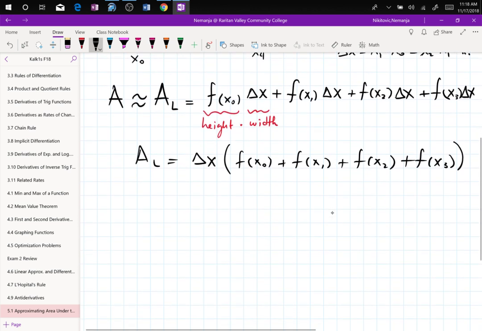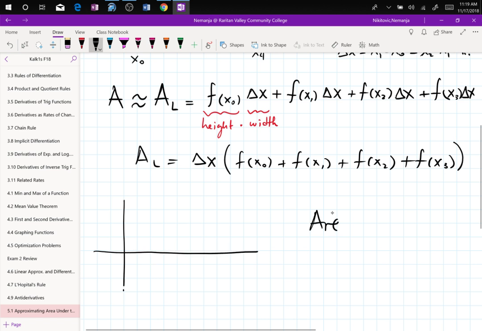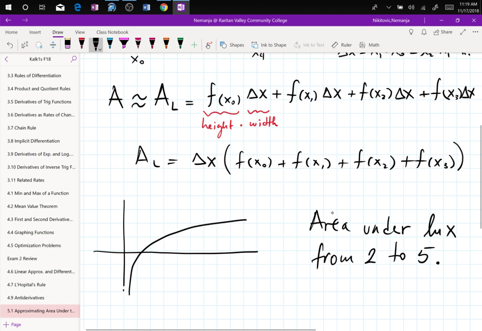So let's take a look at an example for this. Say area under ln x from 2 to 5. Okay. One, 2, 3, 4, 5.